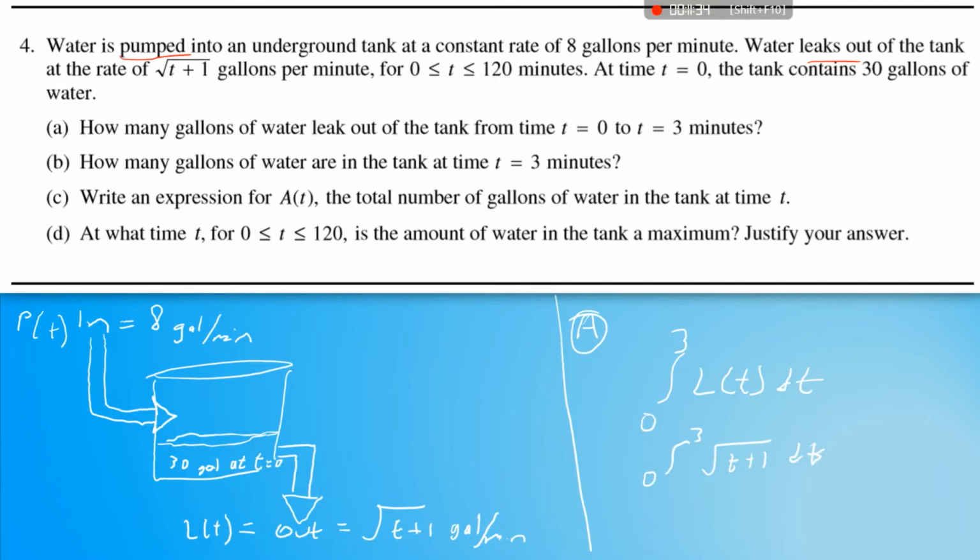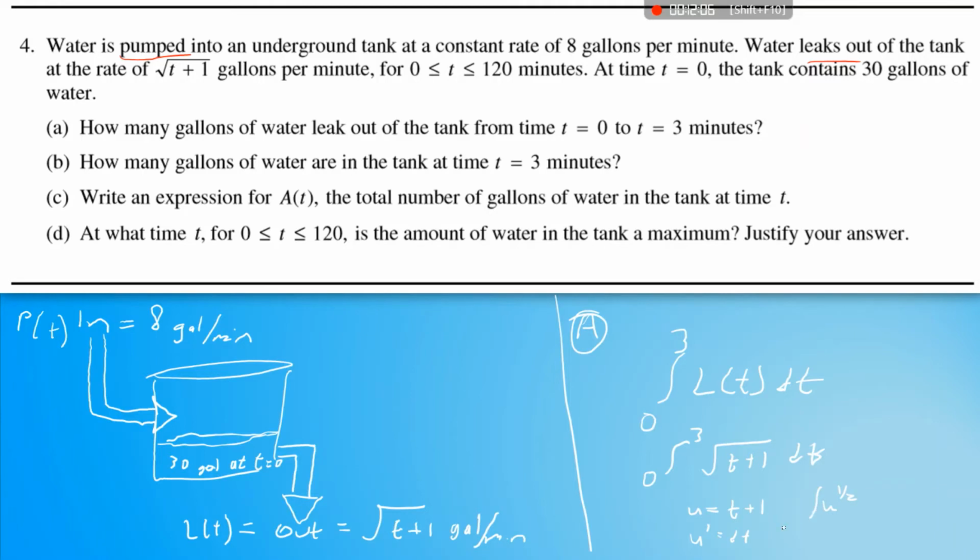Okay, how can I integrate this? Rewrite it as t plus 1 to the 1/2 power, and then do a u-sub. So if u is t plus 1, u prime is dt, so this is really u to the 1/2 power.